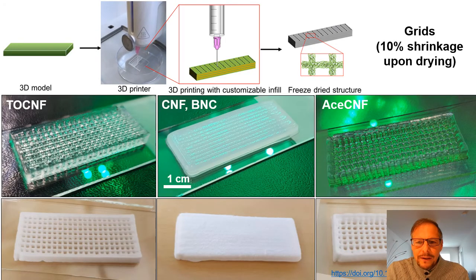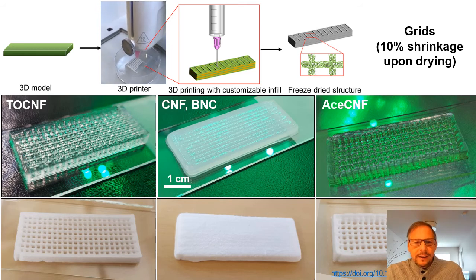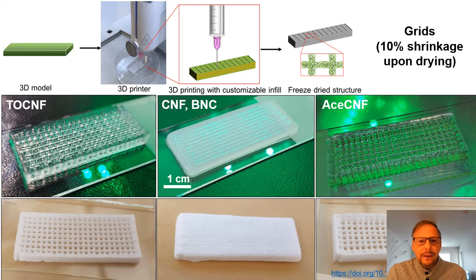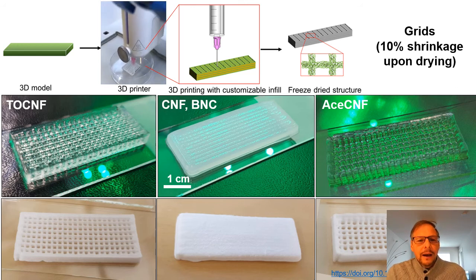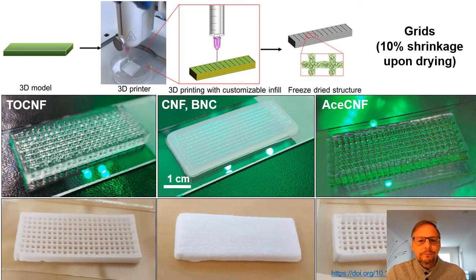Another example, maybe this is the final one, relates to 3D printing. 3D printing, of course, is a very common method nowadays that is used to create materials in 3 dimensions. And for that, bacterial cellulose can be really ideal to make 3D structures via 3D printing.